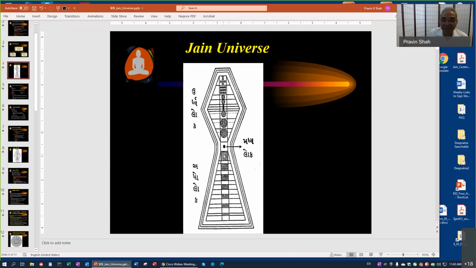But keep in mind, the Bhavanpati Dev are all our Tirthankar's Shashan Rakshak Dev. Every Tirthankar has Yaksha, Yakshini, Dev Devis attached to it. Most of them are from Bhavanpati, some of them from Vyantar Devs.